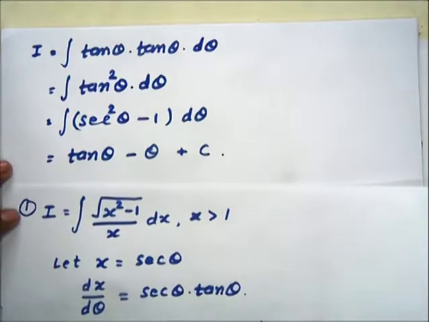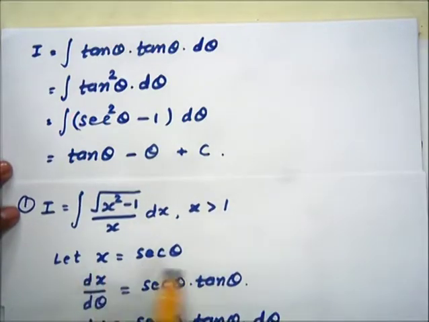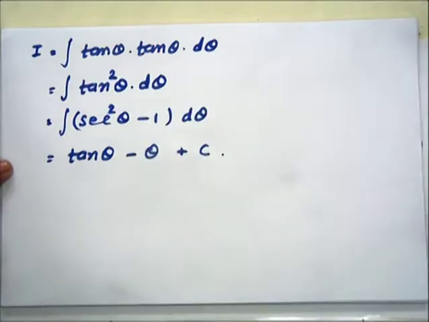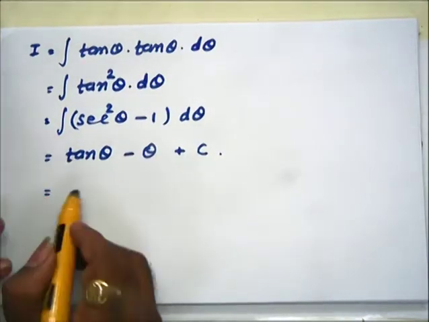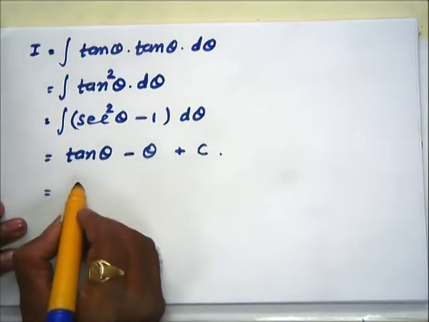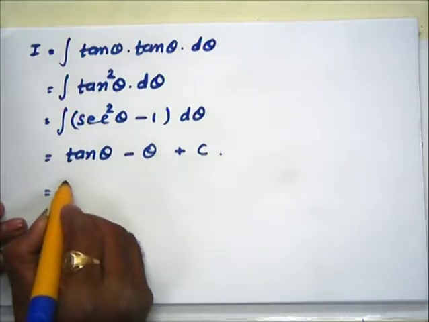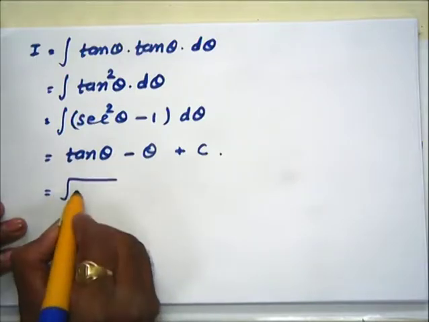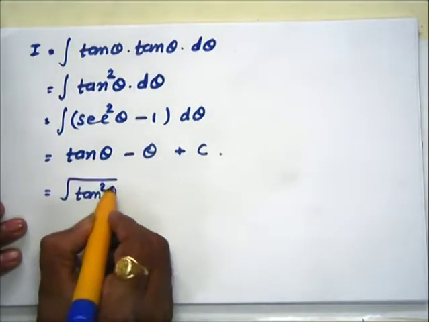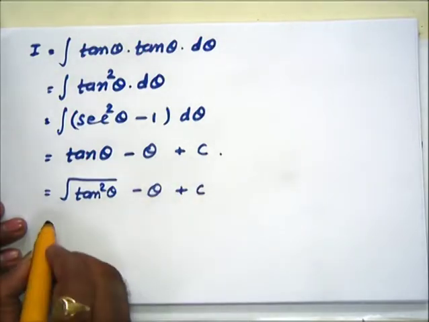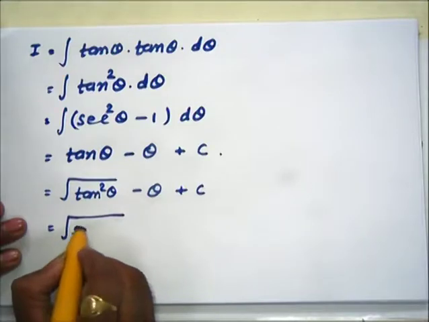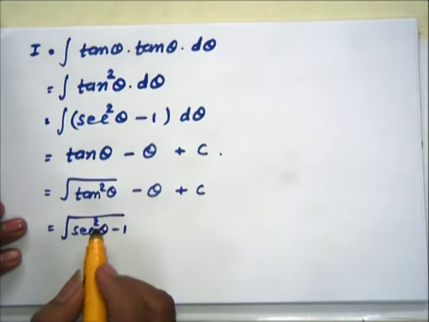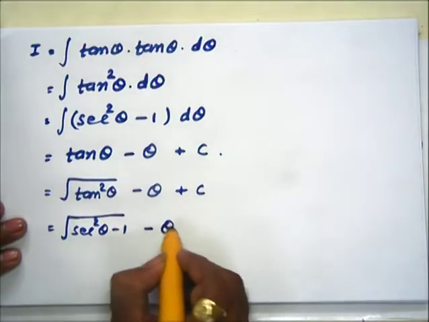How will you convert? We have taken the substitution x equal to sec theta, so we can write x instead of sec theta. This is tan theta, so let's convert this tan theta into sec theta. It is nothing but under root tan square theta, minus theta plus c. Now tan square theta is sec square theta minus 1, minus theta plus c.